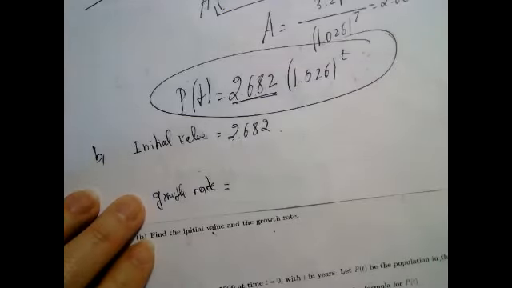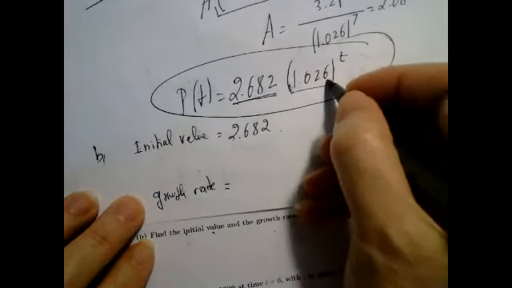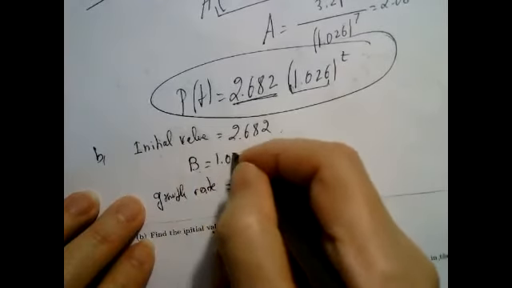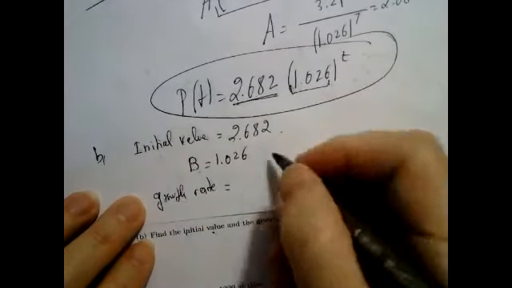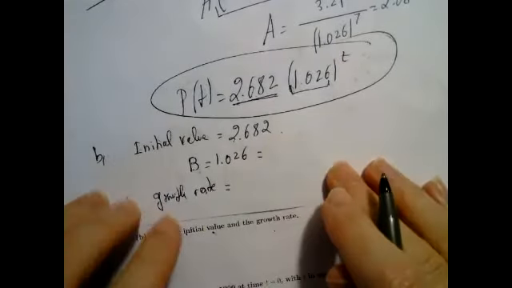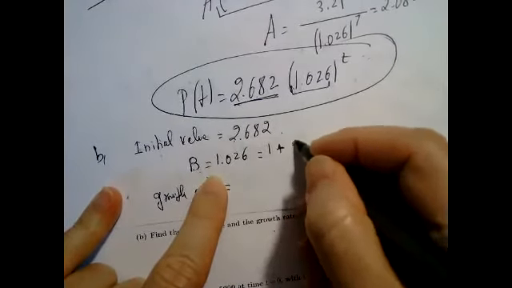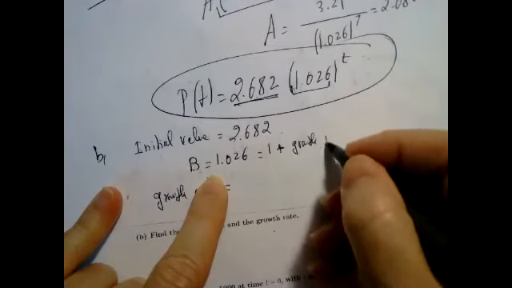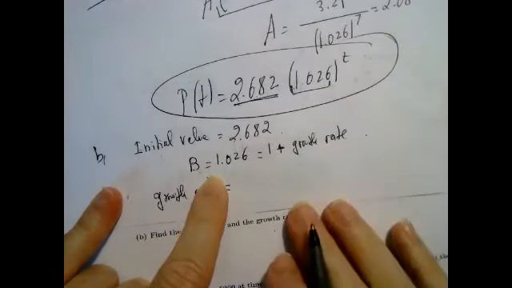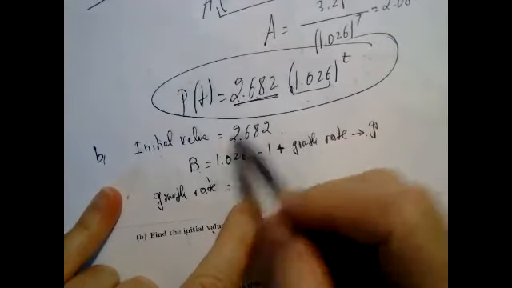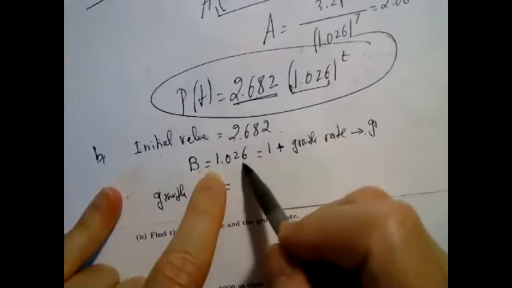Okay, every year. This is the growth factor. So that's the B. 1.026, that's the B. And be very careful, Jessica. That's the B. This is 1 plus the growth rate. So the growth rate is how far away 1.026 is from 1.